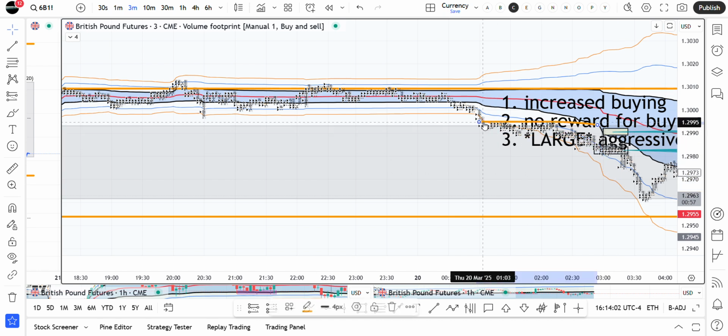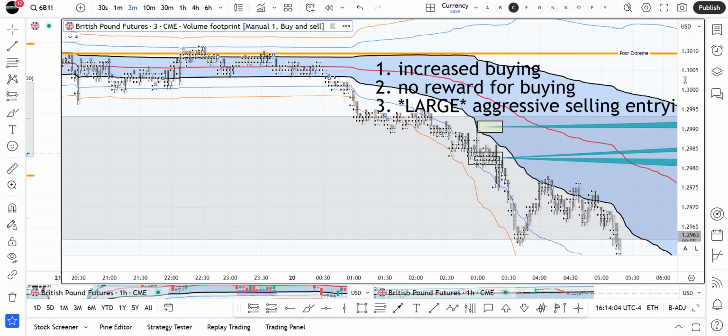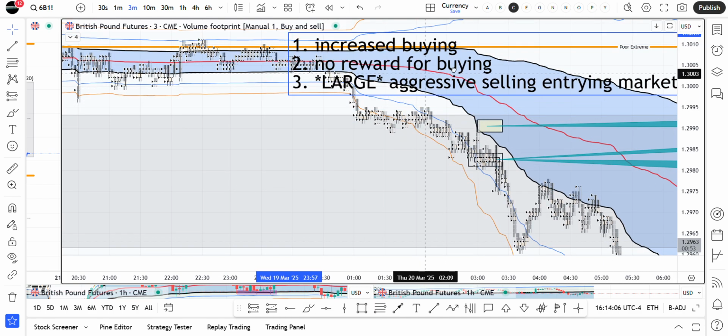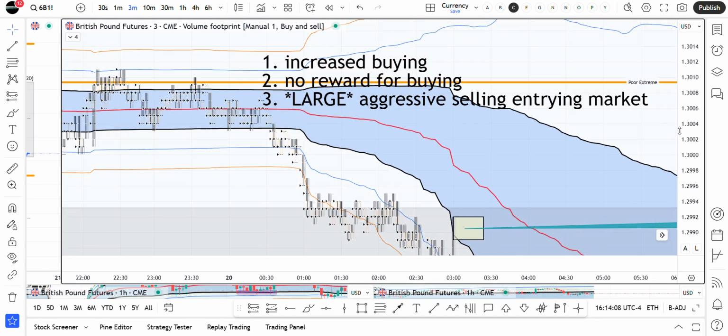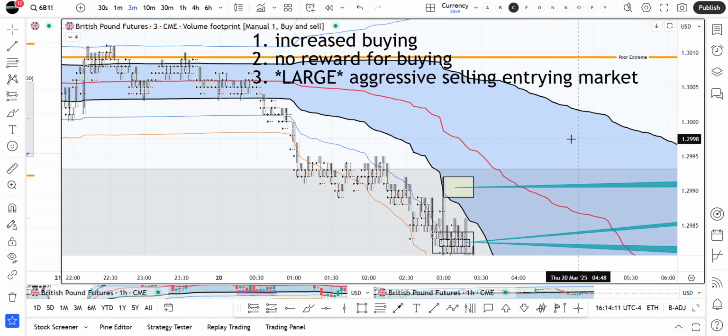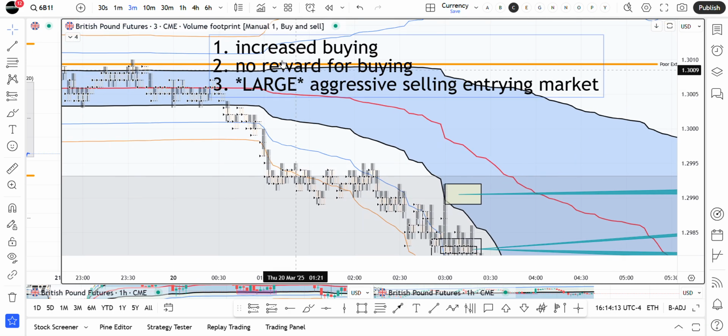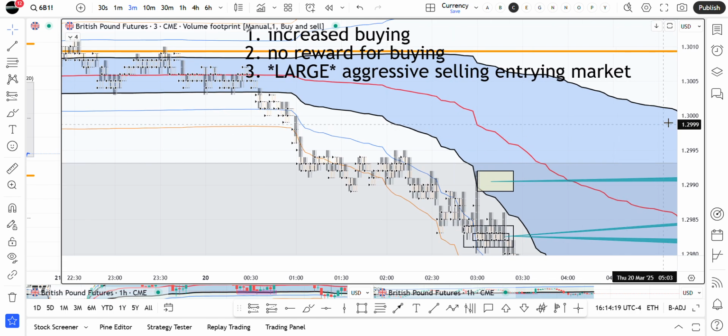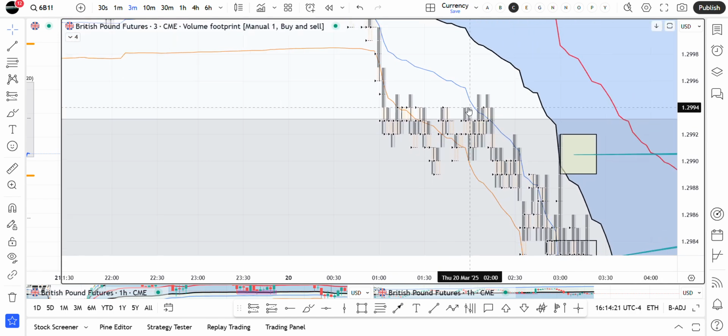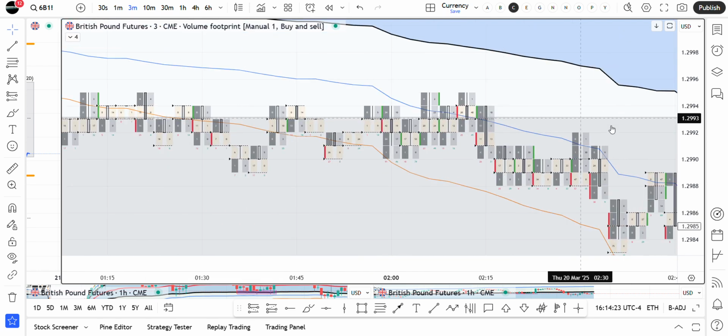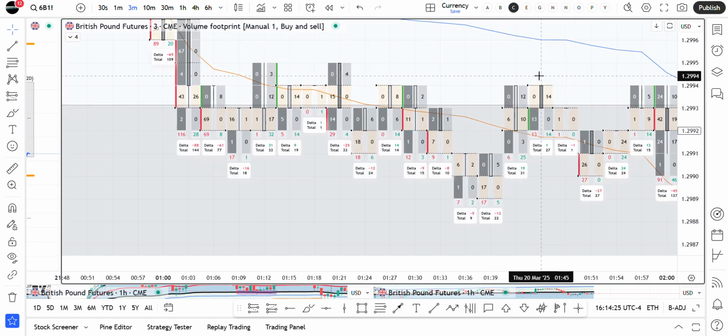So what we're looking for now in the footprint chart is this increased buying, no reward for buying, and then large aggressive selling entering the market. I'll go to 2 o'clock.